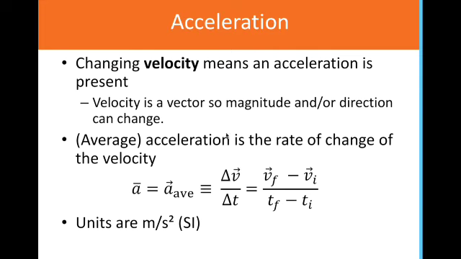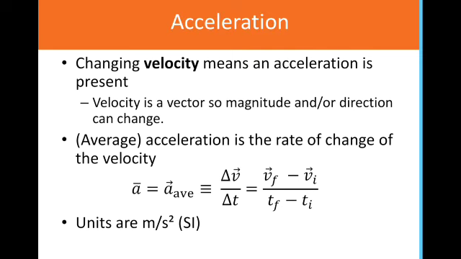So your average acceleration is defined as the change in the instantaneous velocity over time, so the final velocity minus the initial velocity over the time interval. And the units are meters per second squared for an acceleration, because velocity is already in meters per second, and now we're dividing by another second. So it's meters per second per second.